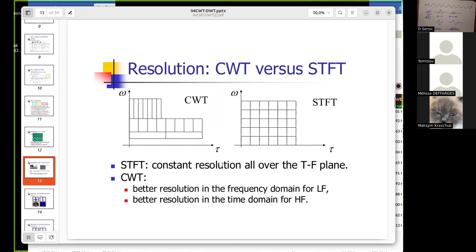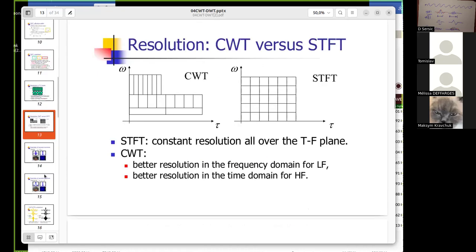Our brain has very precise resolution on low frequencies and very high resolution in time for high frequencies. So instead of having uniform resolution, now we have non-uniform resolution. So the result can be adjusted to the properties of music.